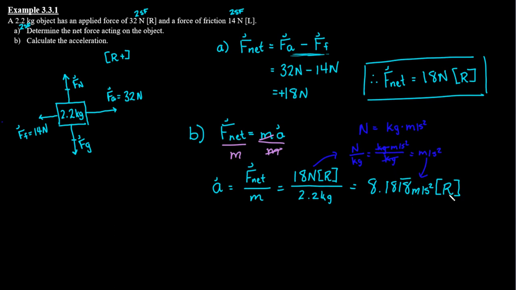And then remember that direction is going to remain the same. So all that's left is to put the acceleration into significant figures. Remember, we already determined that was 2. So therefore, the acceleration of the object is 8.2 meters per second squared in the same direction as that net force, to the right.